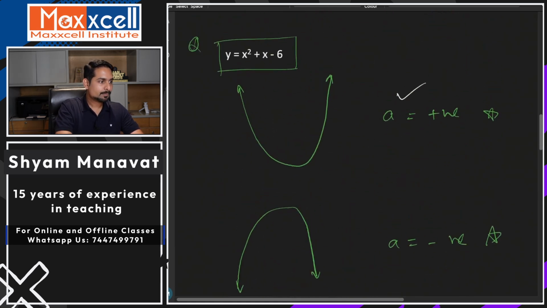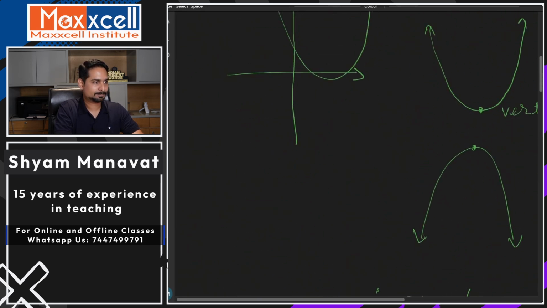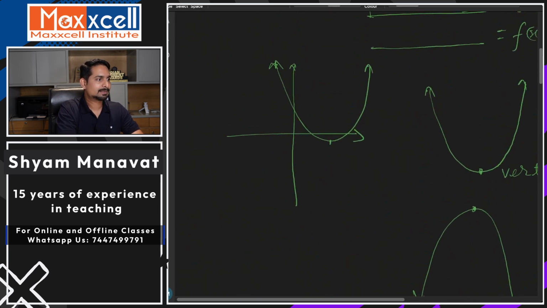Okay. Now this vertex, learn more about parabola. This vertex is the minimum point.